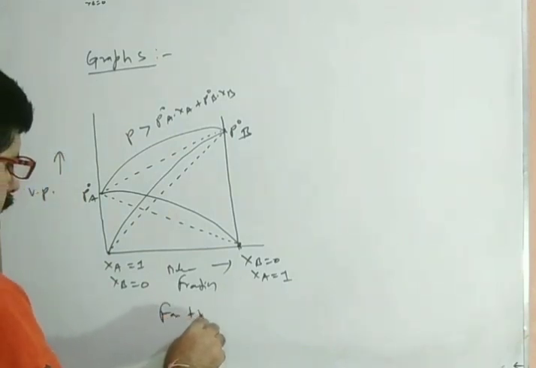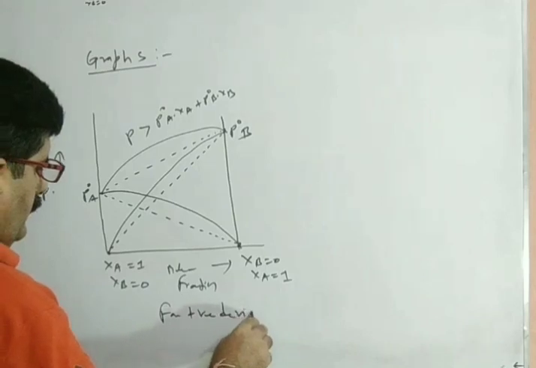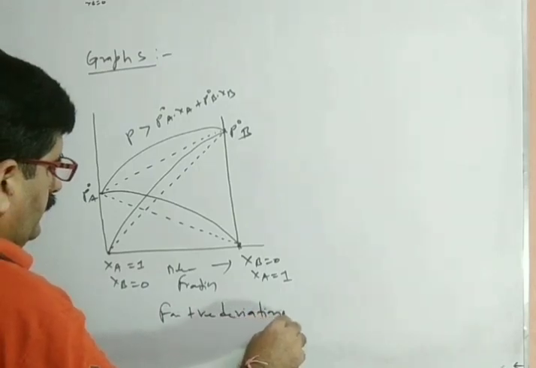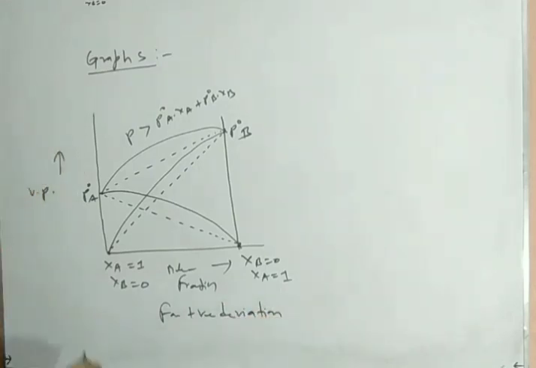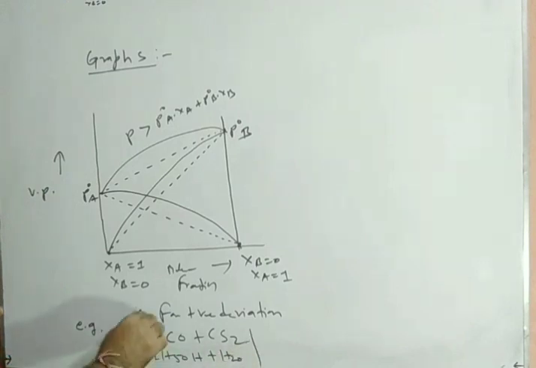For positive deviation, examples are, first, acetone plus carbon disulfide, second, ethyl alcohol plus water, always showing positive deviation.